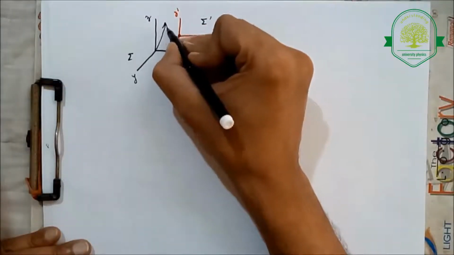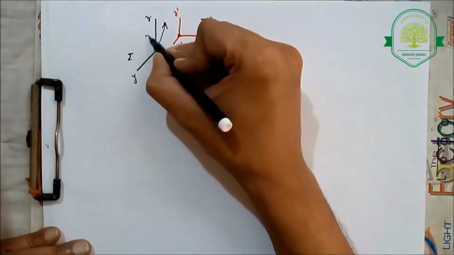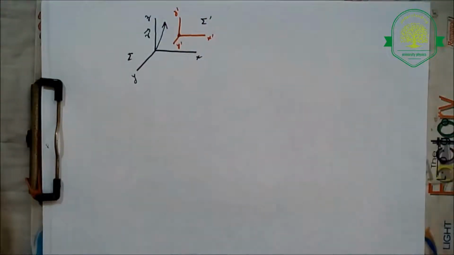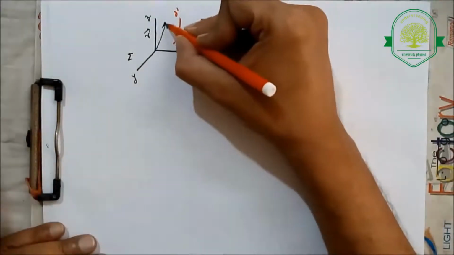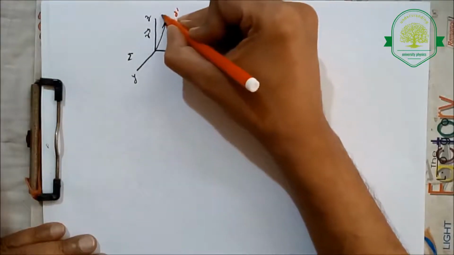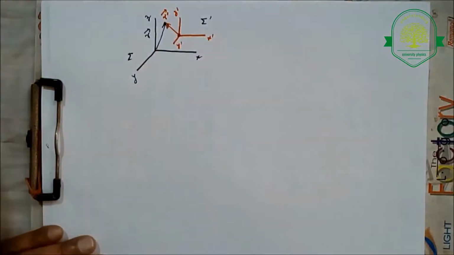If I consider a point here, then the position vector of that point as seen from the sigma frame is, let us say, r vector, and if I join these 2 points, then this will represent the position vector of the point as seen from the primed frame of reference, and let us call that the r primed vector.